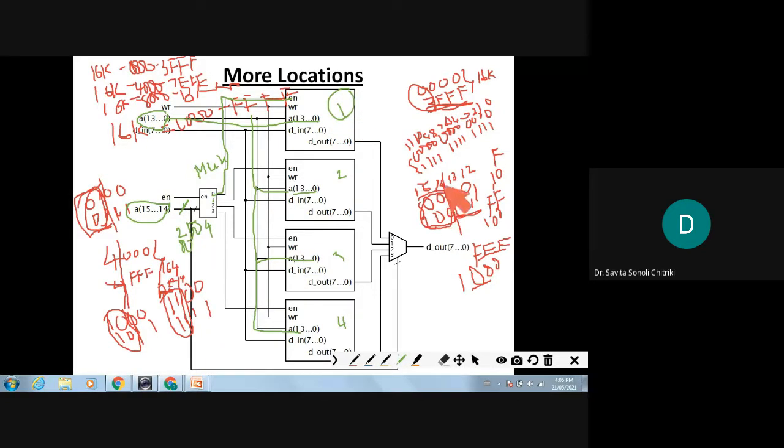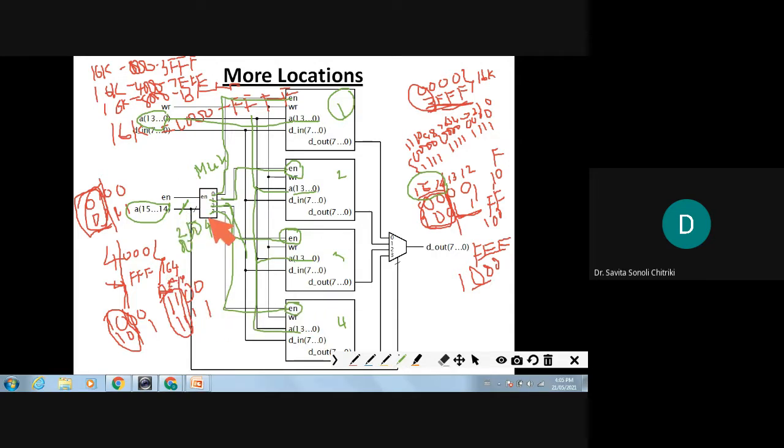When which address lines? 14 and 15. So when 14 and 15 are 01, this is connected to the enable of this memory. So the second is selected. When it is 2, then this is selected. When it is 3, then the fourth 16-kilobyte memory is selected.